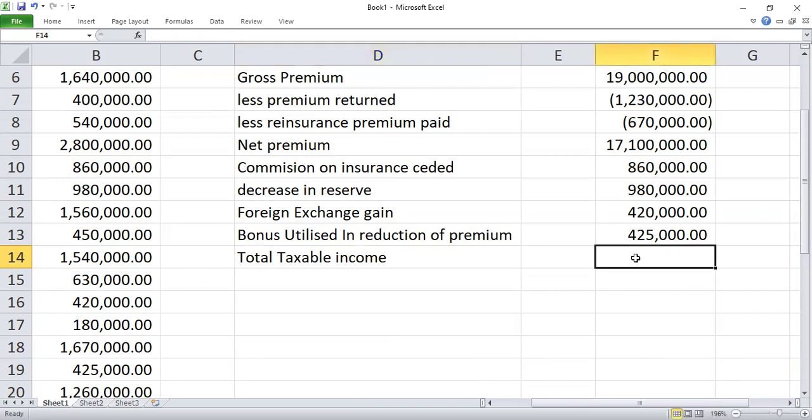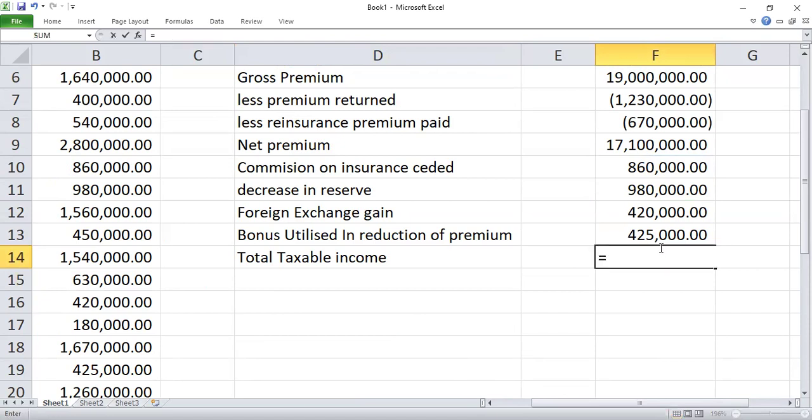From this, we say we are going to take the sum. Start with this net premium, shift plus 860,000, and then we drag. We close the bracket, sorry for that.